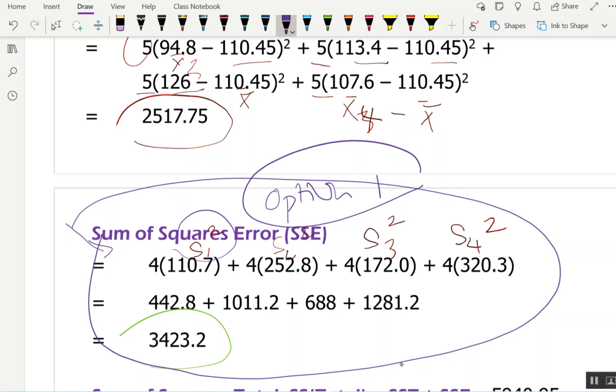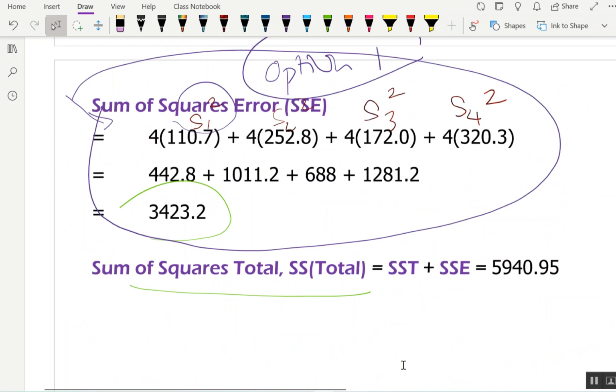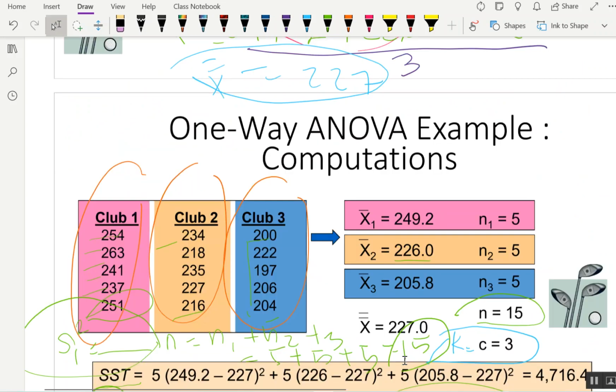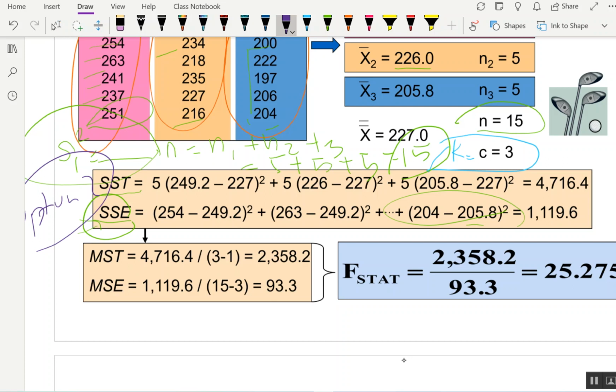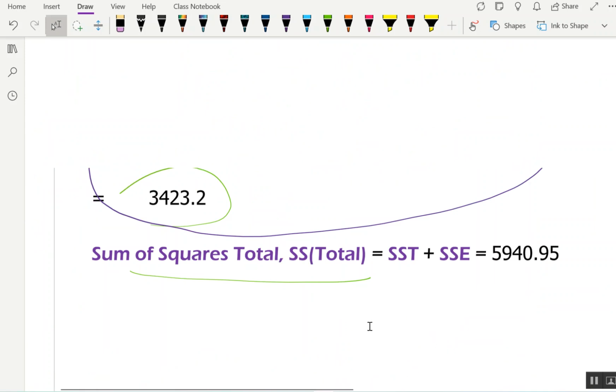You calculate your variances first and make your calculation easier later, so you just times with the group. Or you can also use option 2, but basically it's just the same as the formula given to you, which is this slide.